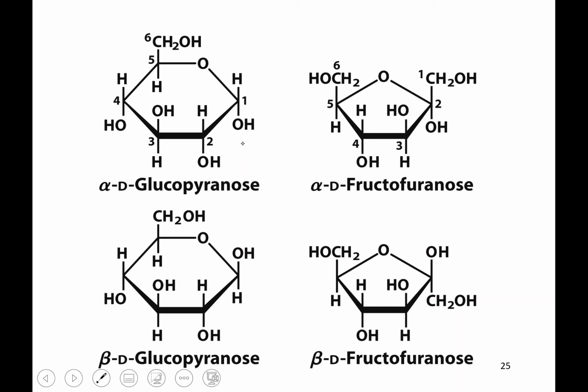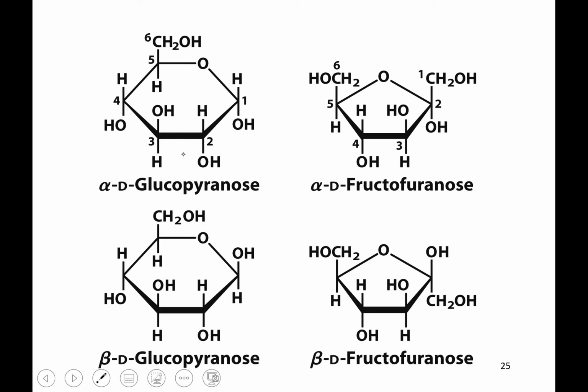D lets you know the position, which would have been on carbon 5. Glucose means it's that 6-carbon sugar with this particular OH pattern, and pyranose means it's forming this 6-membered ring.